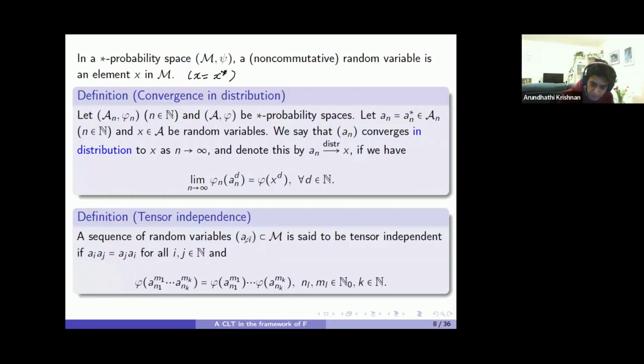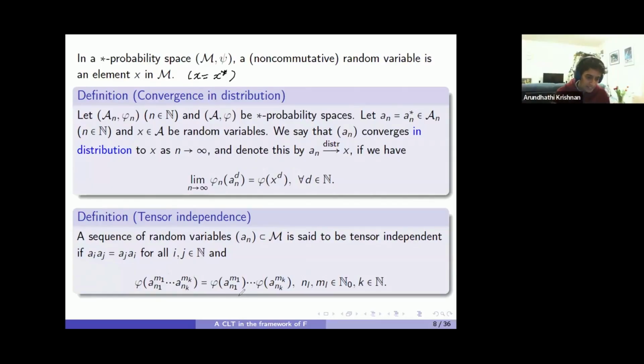So all these random variables commute with each other for all i, j and n. And phi of this product, which you want to think of as the joint distribution of these elements a_{n1} to the power m_1 up to a_{nk} to the power m_k, that factorizes.